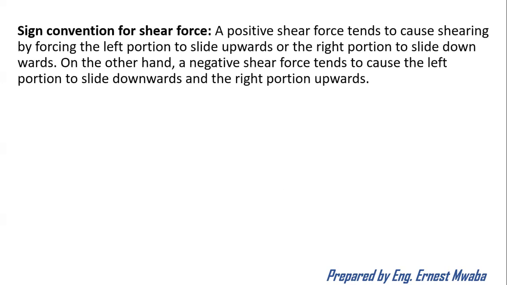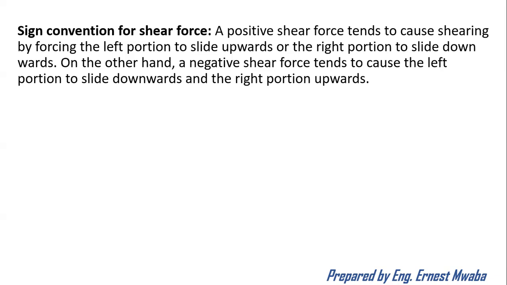Now, when you're doing your calculations, you need to know which one is positive, which one is negative, and things like that. So comes what is known as the sign convention. When would you say this is positive or negative? A positive shear is supposed to cause the left portion to slide upwards in relation to the right. That language may sound a bit strange.